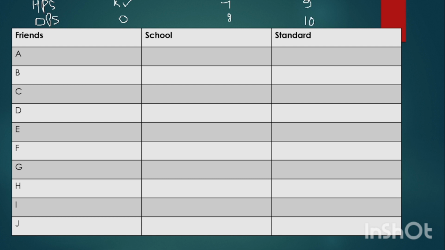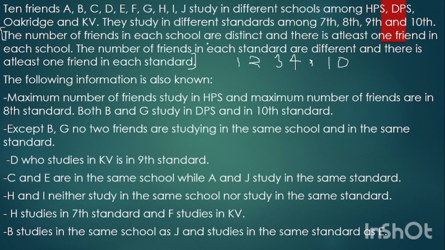So what is it saying to us? Maximum number of students study in HPS. So what is the maximum number? 4. So let us think about one thing first in the very beginning. There is a difference between maximum and highest. Maximum number means a unique number. Whenever you see or encounter this word maximum, this means the question is asking for the unique number. That means this number won't get repeated.